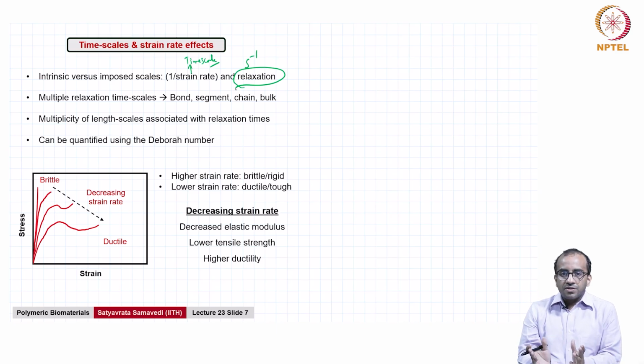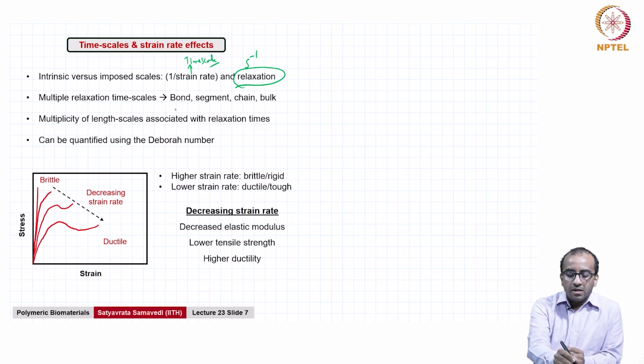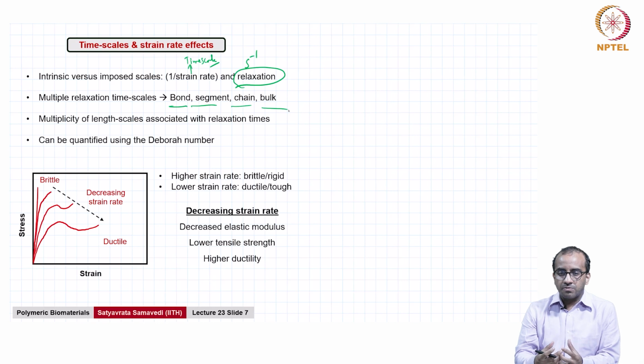What you want to ask is, in comparison to those kinds of time scales, and relaxation time scales can be multiple in polymers, based on what you are looking at, right, bond, segment, chain, bulk. So, there can be multiple relaxation time scales depending on the length scale you are looking at.